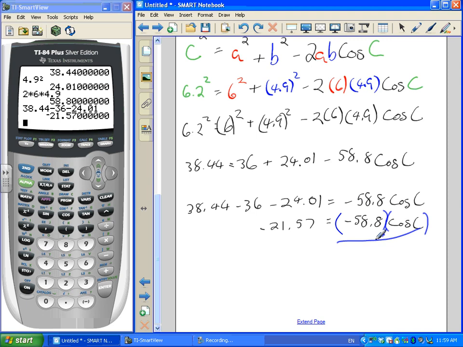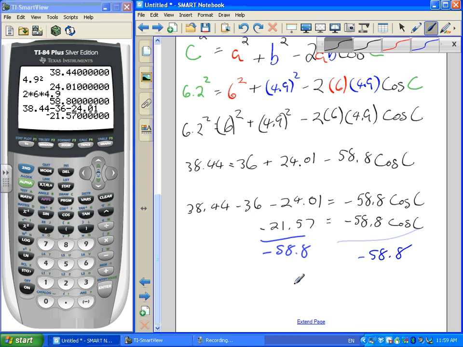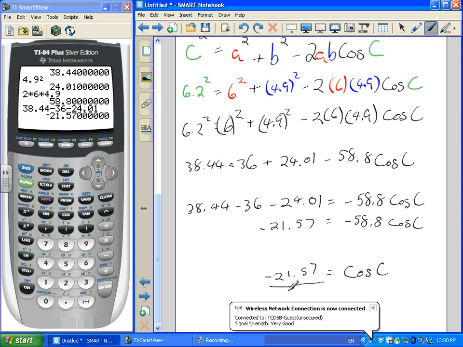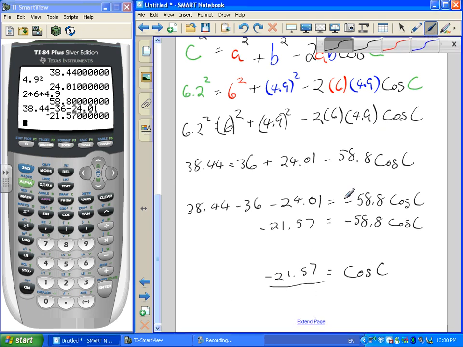So to move that negative 58.8, I have to divide by negative 58.8, both sides of the equation. So our next line says negative 21.57 divided by negative 58.8 is equal to cos C. Okay?